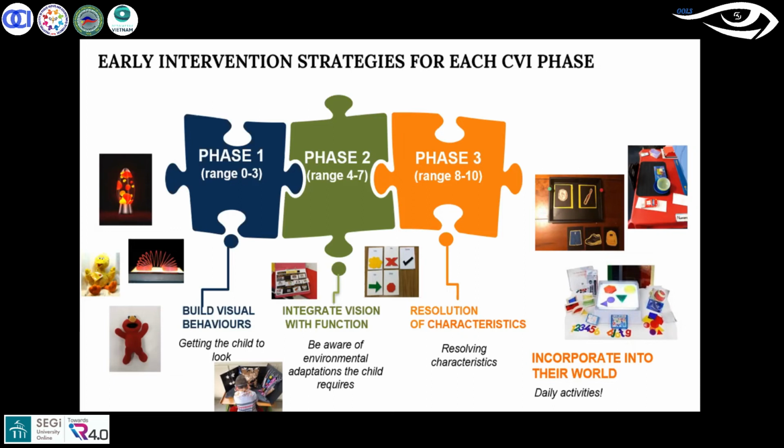The range starts from 0, which is no visual functioning at all, up to 10, which is near normal visual functioning. From this range of 10, she divided it into three phases. Phase 1 is 0 to 3, phase 2 is range 4 to 7, and the last phase is range 8 to 10.